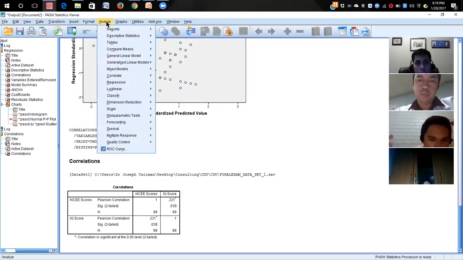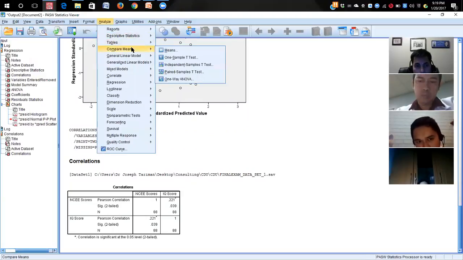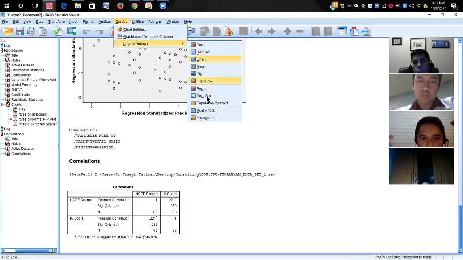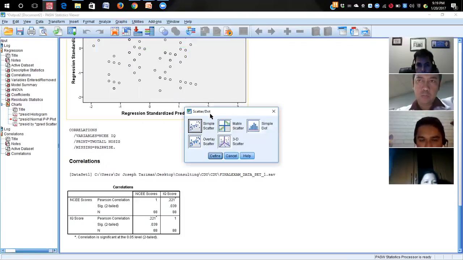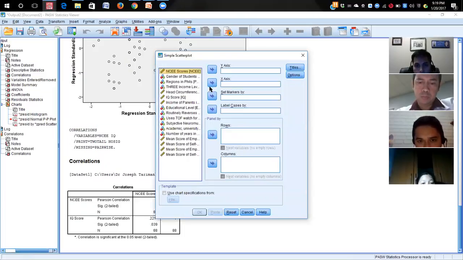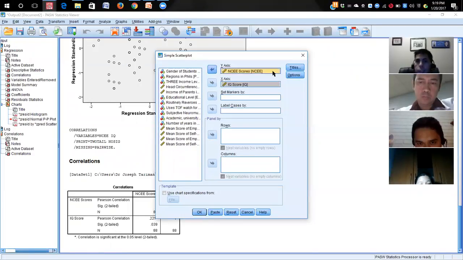When we go to Graphs, Scatter, X is our predictor, IQ, the dependent variable is the Y-axis, and we press OK.